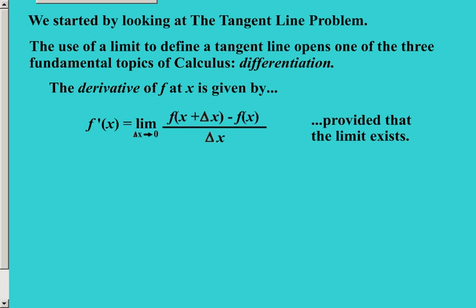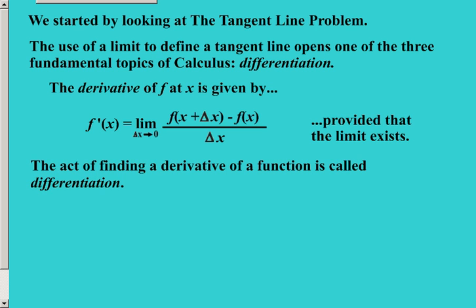Now, new notation there. f prime of x is equal to the limit as delta x approaches 0 of f of x plus delta x minus f of x divided by delta x. After the discussion today and the questions on the assignment, you should be well familiar with that formula. Well, it's being redefined as a derivative, and that is, of course, provided that the limit actually exists.